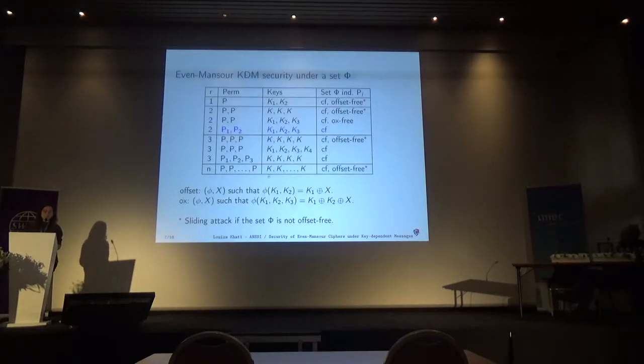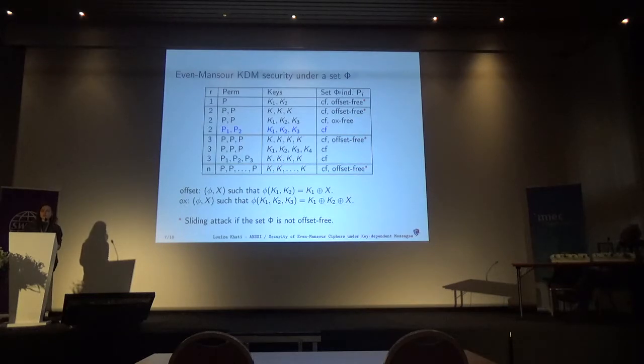So here you have a table of the security proofs we have in the paper. Here you have the number of rounds, the permutation, which can be the same or different, and the same for the key. You can have the same key or different keys. And here you have the constraints put on the set phi to obtain KDM security.